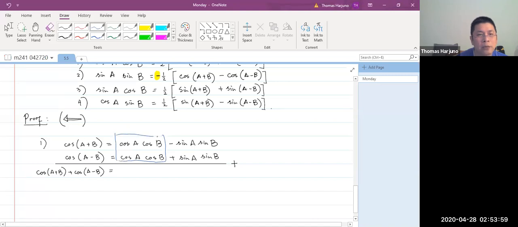They are the same terms. So that will be 2 times cosine A cosine B. Okay?